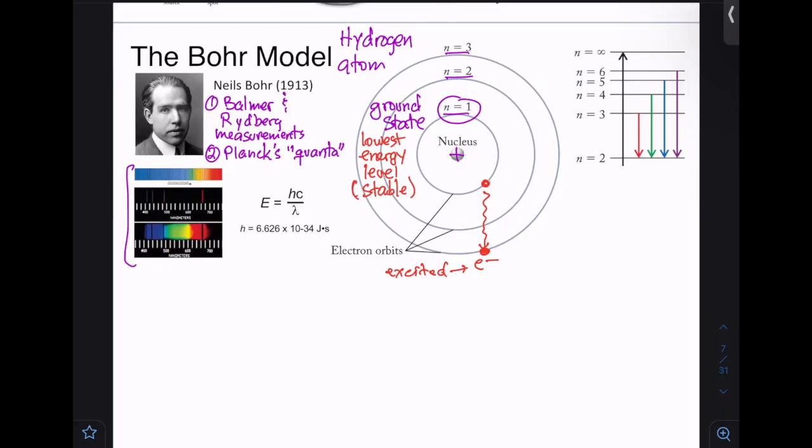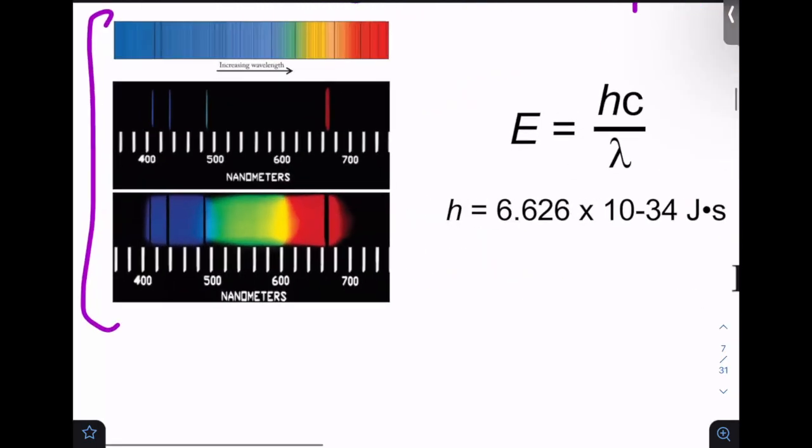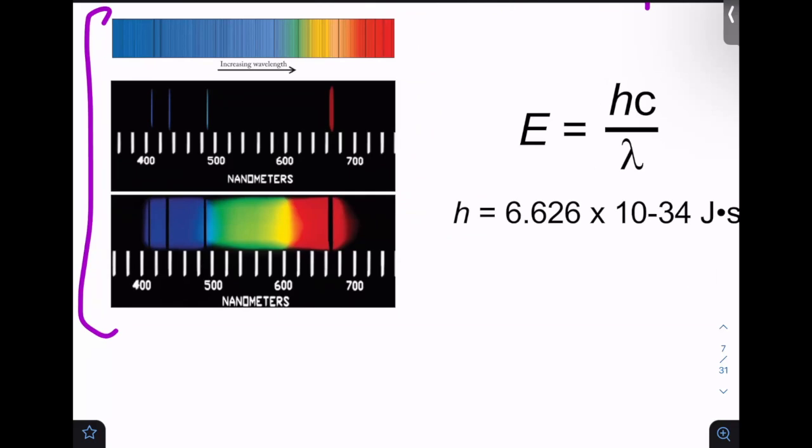Now, it takes energy to make it up that way. And remember, electromagnetic radiation, that's energy as well. So that's going to explain the disappearance of some of these spectral lines, because that energy went into that electron getting excited to a higher energy level. So one of these lines is going to correspond to that electron jumping from n equals 1 to n equals 3. That energy is gone. It got absorbed into the atom, all right? If it's absorbed into the atom, that means it doesn't make it through to our detector for us to see as a color of light.